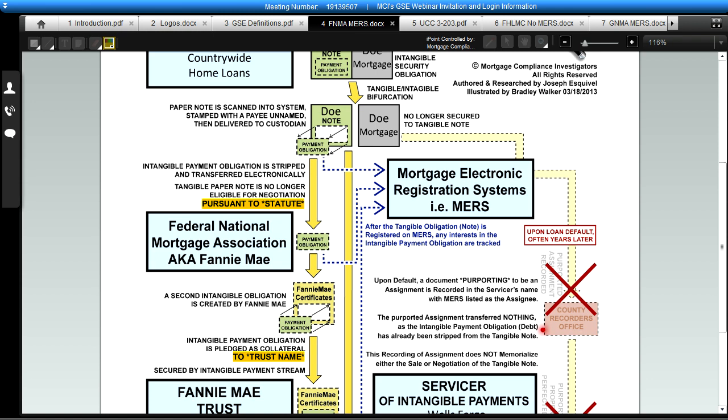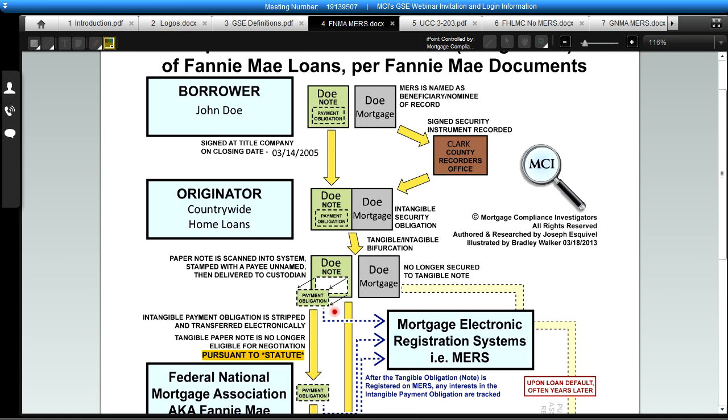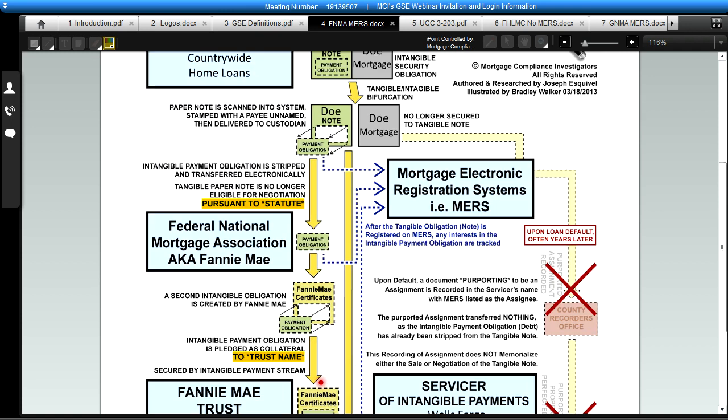The recording of the assignment does not memorialize either the sale or negotiation of the tangible note. Again, all they bought was a payment intangible obligation. That's all they purchased. Within MERS' own documents, they say they are to receive a note that has been stamped, paid to the order of, without recourse.